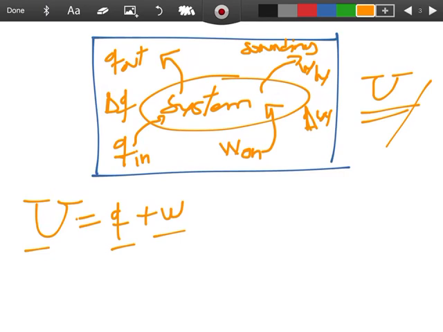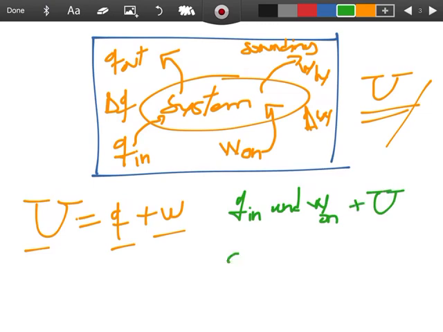In the internal energy. So let's say that if you apply heat in the system and apply work on the system, for sure the internal energy is going to increase.